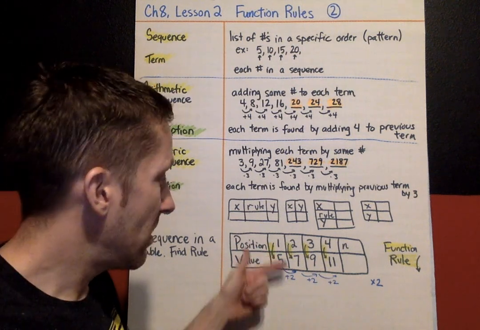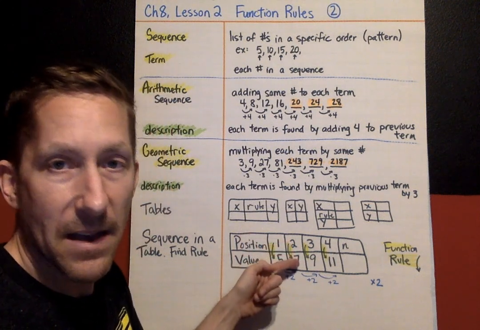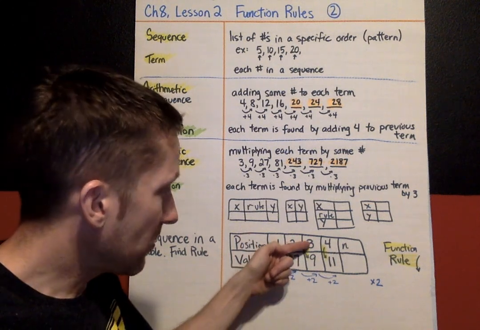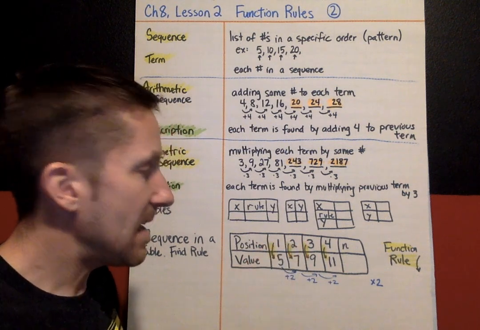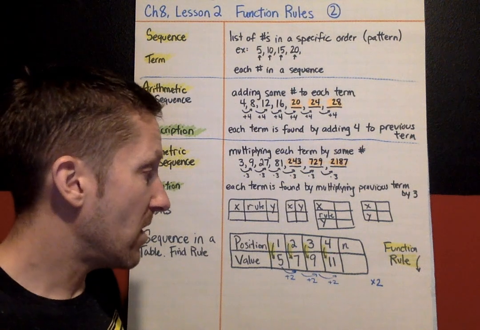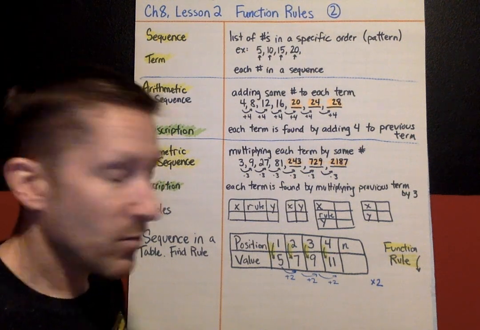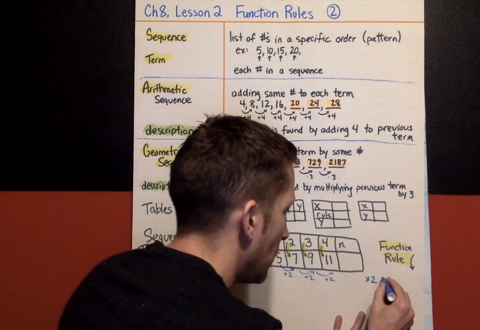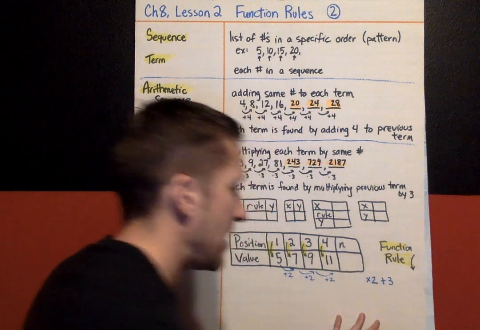Add 3 more. 2 times 2 is 4. How do I get to 7? Add 3 more. 3 times 2 is 6. How do I get to 9? Add 3 more. So that is the rest of your rule. The rule would be times 2 plus 3.